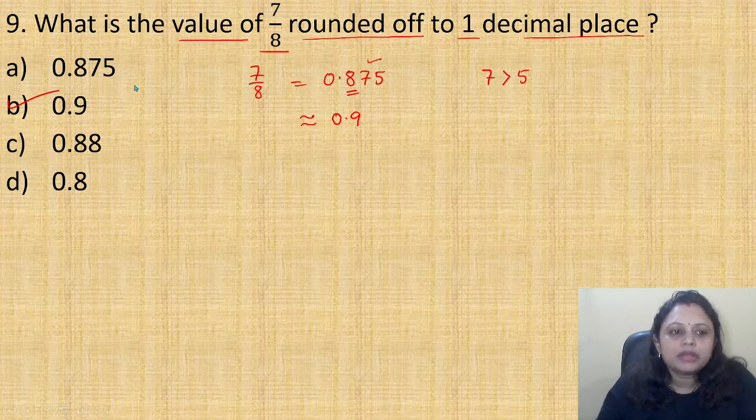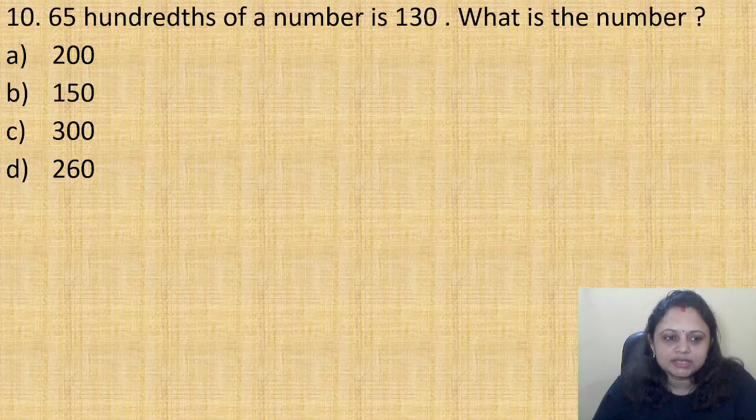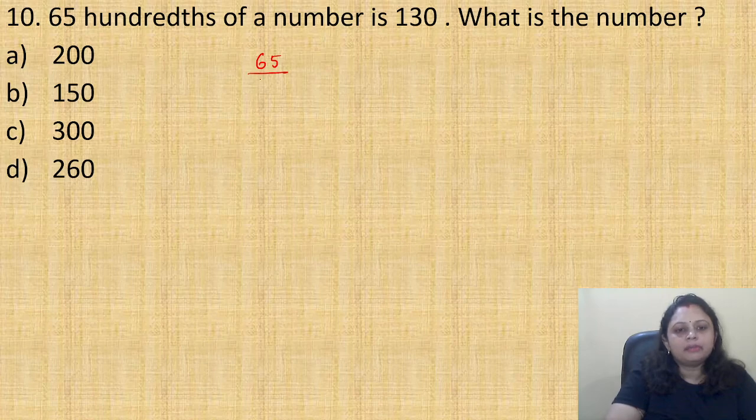Coming to the next question: 65 hundredths of a number is 130. What is the number? Option A 200, B 150, C 300, D 260. So 65 by 100 part of a number is equal to 130.